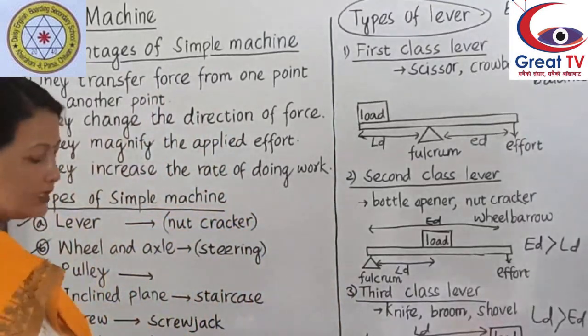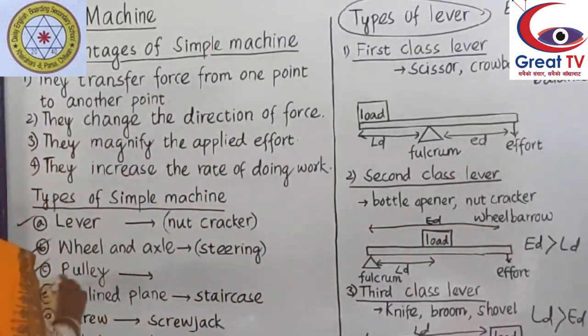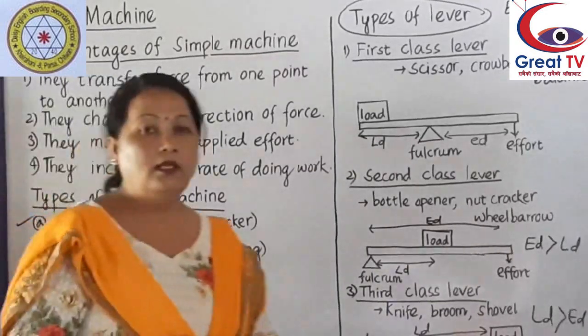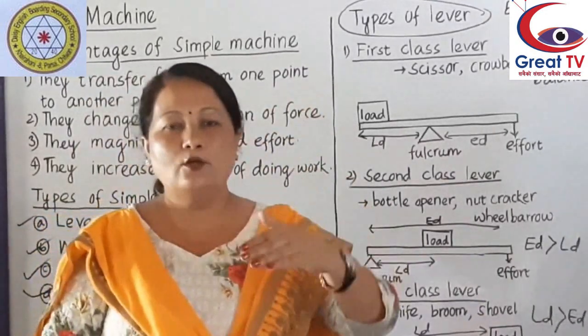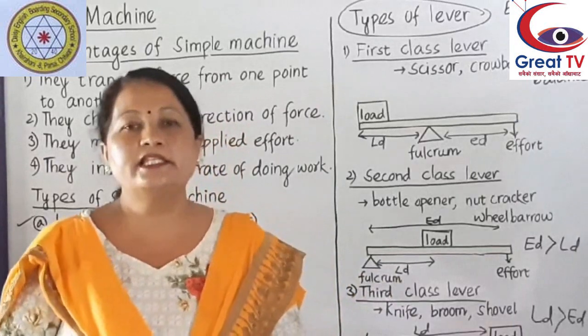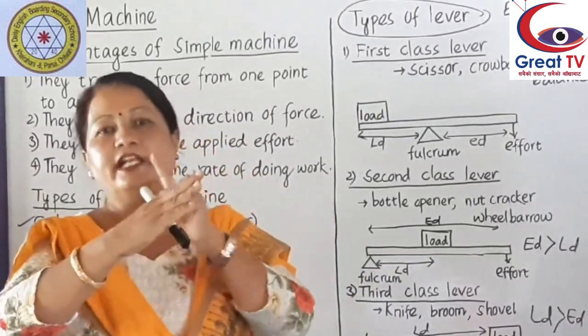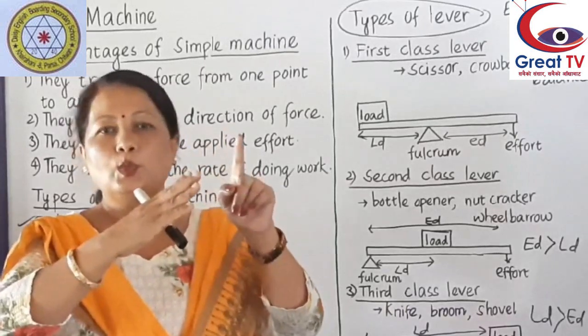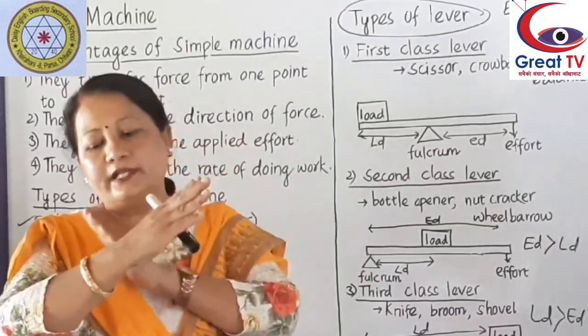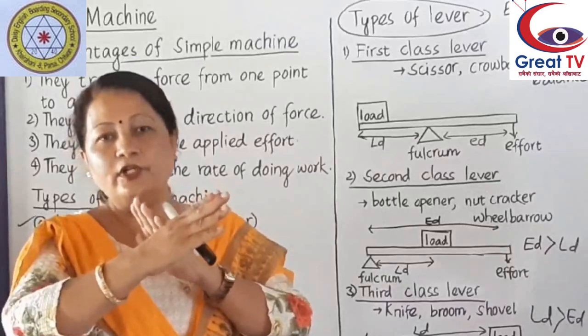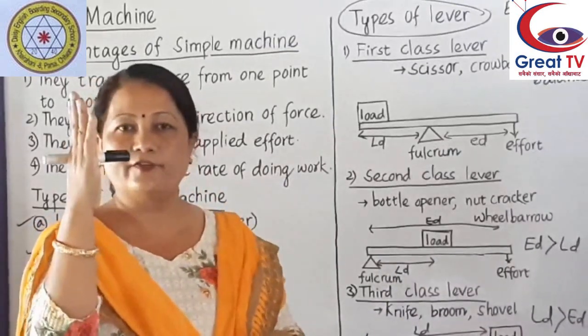Now next topic is inclined plane. While going up and down, we use staircase. Staircase is an inclined plane. An inclined plane needs less effort to climb up than a vertical surface.